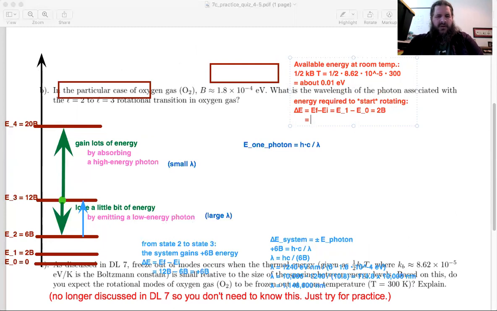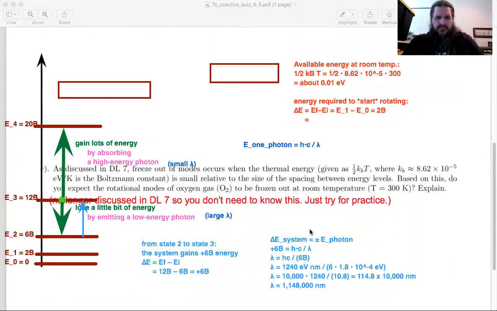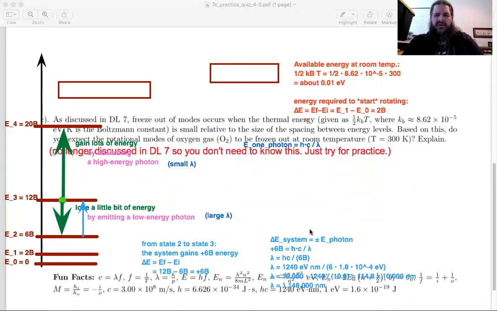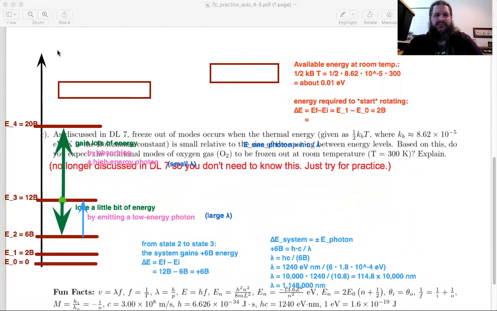And for oxygen, we're using, what was it, 6 times 8.62 times 10 to the negative 5 electron volts, and then we'll have to multiply that by 2 because it's 2B.